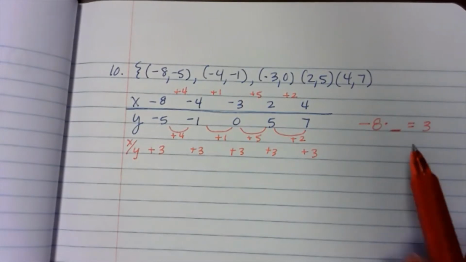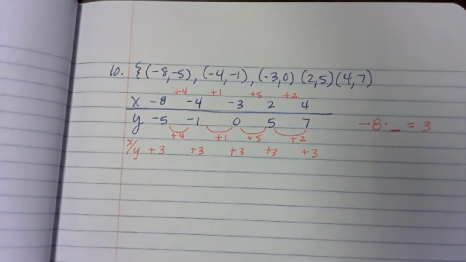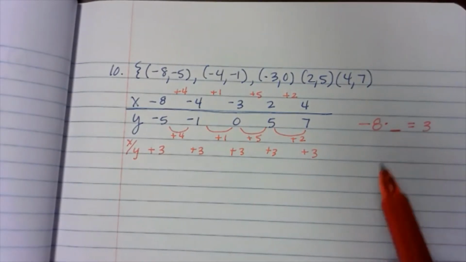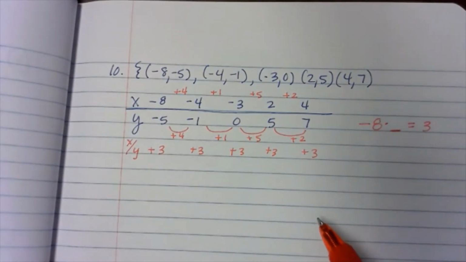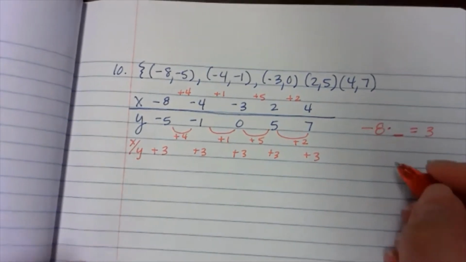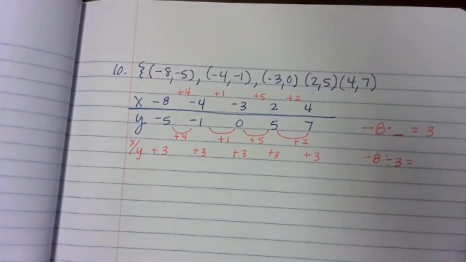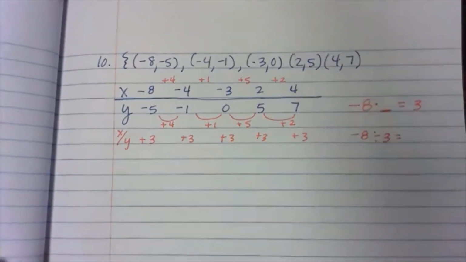So remember one thing when we're looking at these numbers, if we're looking at -8 times something gives me 3. What is -8 divided by 3? So I'm going to kind of just think of it opposite.